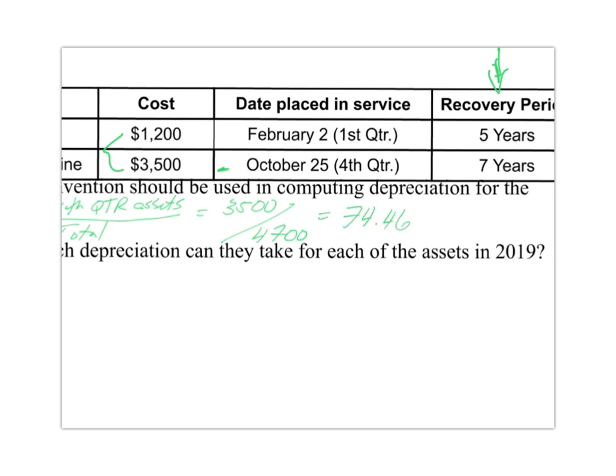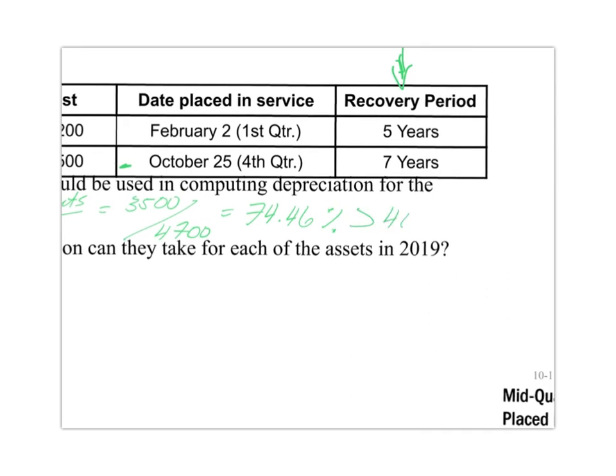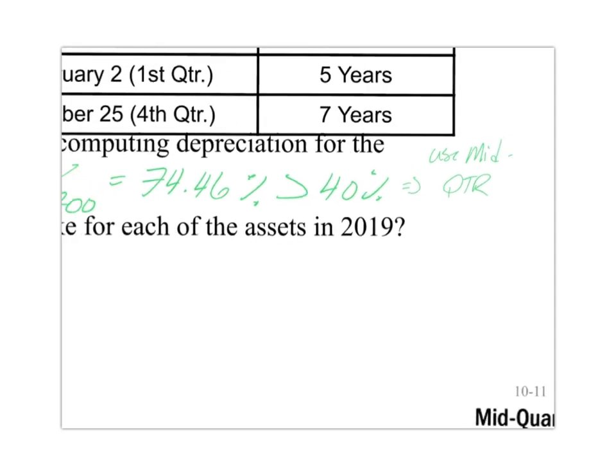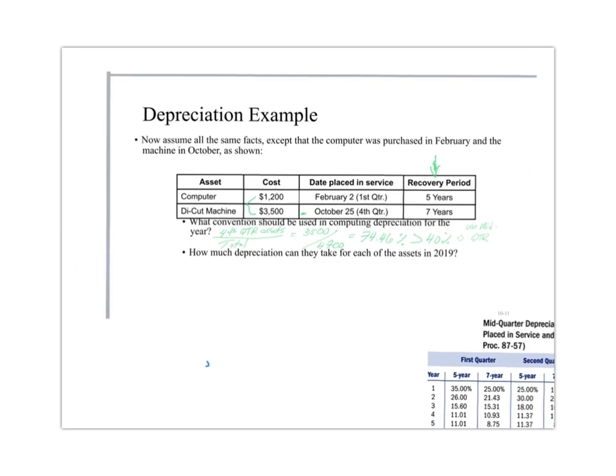So that's 74.46%. That is greater than 40%. So what do we have to use? We have to use the mid-quarter convention. Okay, so we're going to use the mid-quarter convention.